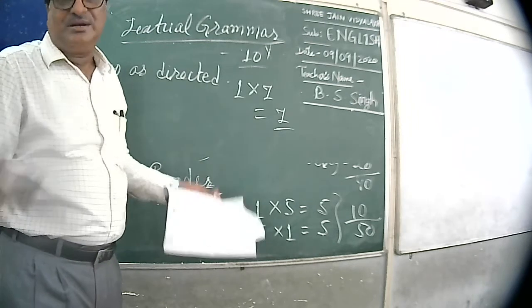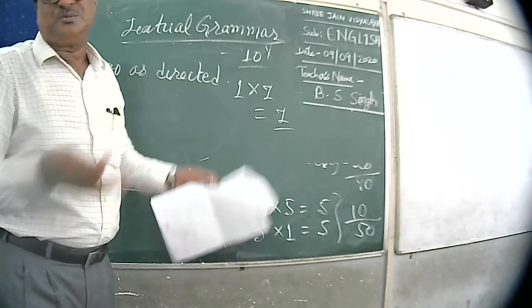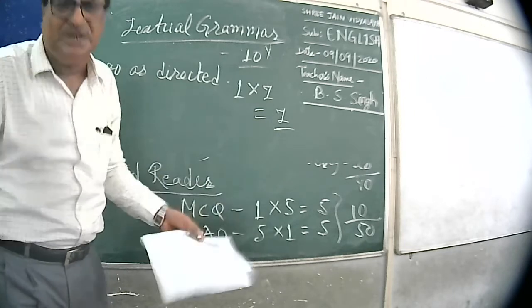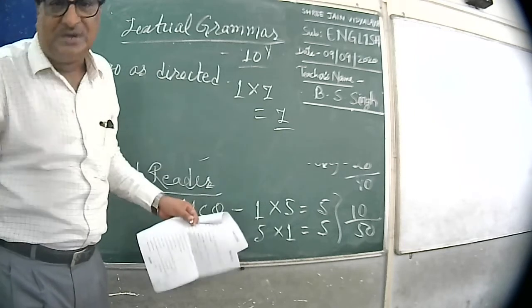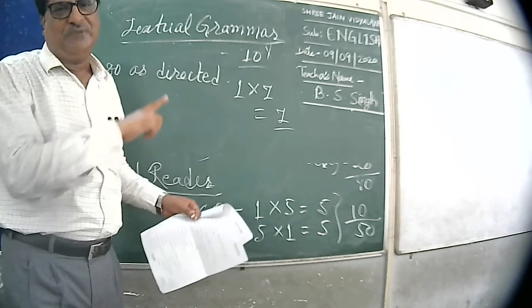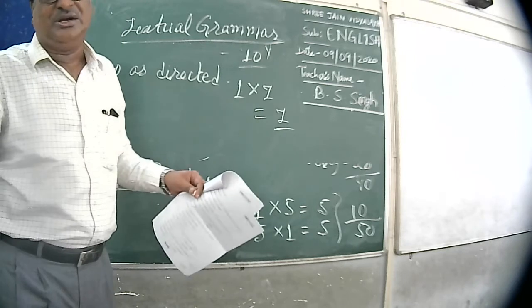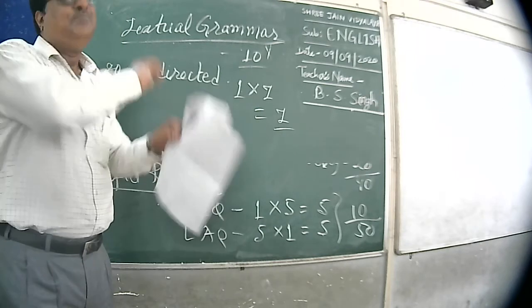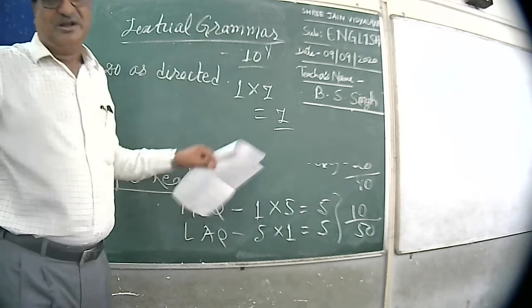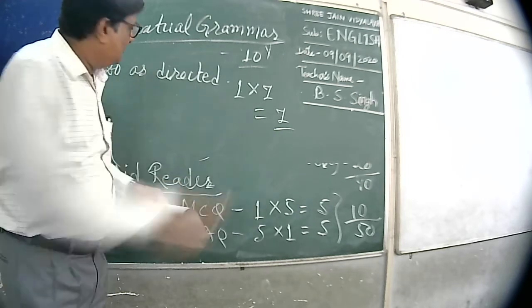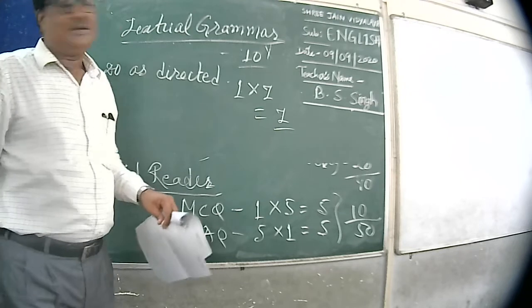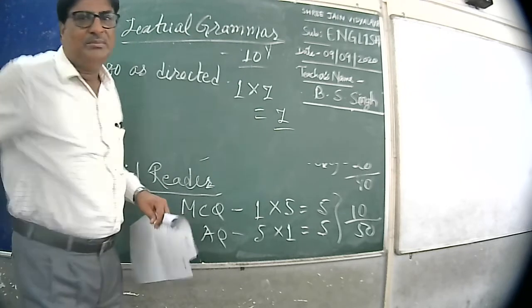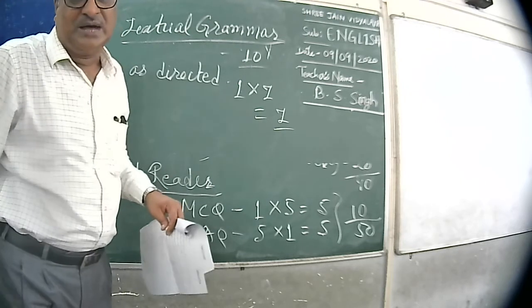Voice change, narration change, degree change, splitting of sentences, joining of sentences, affirmative to negative, negative to affirmative, assertive to interrogative, interrogative to assertive, etc. So, Do as directed is textual grammar. What is the meaning of textual grammar?